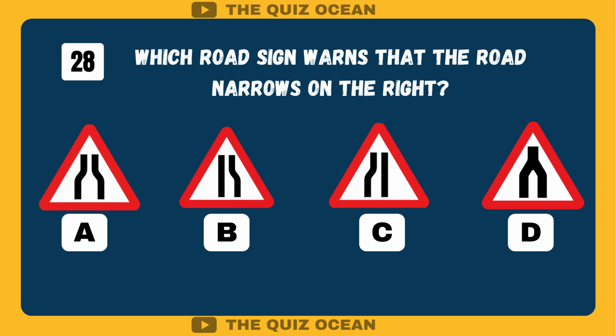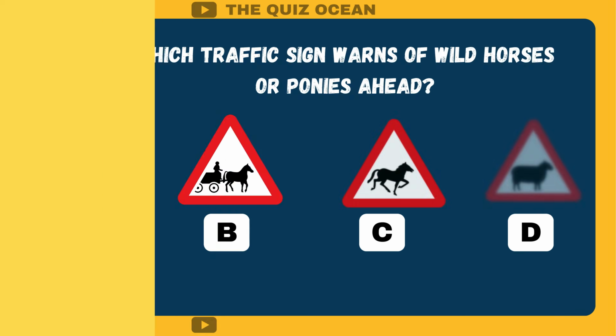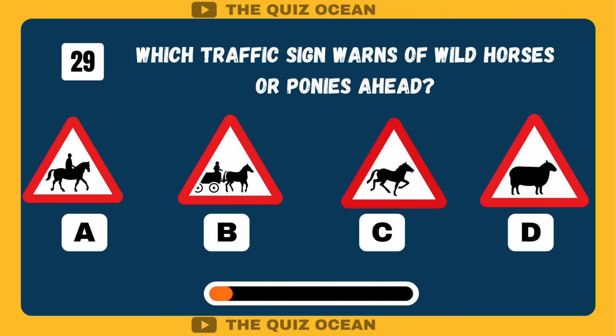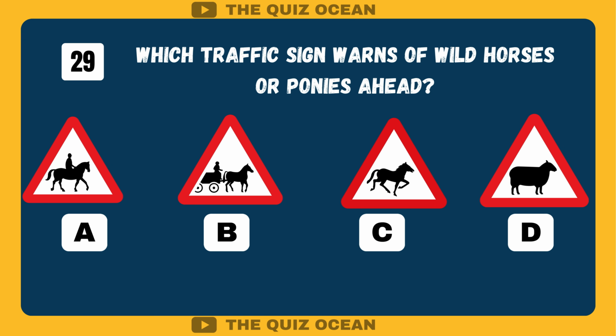The answer is B. Question 29. Which traffic sign warns of wild horses or ponies ahead? The answer is C.